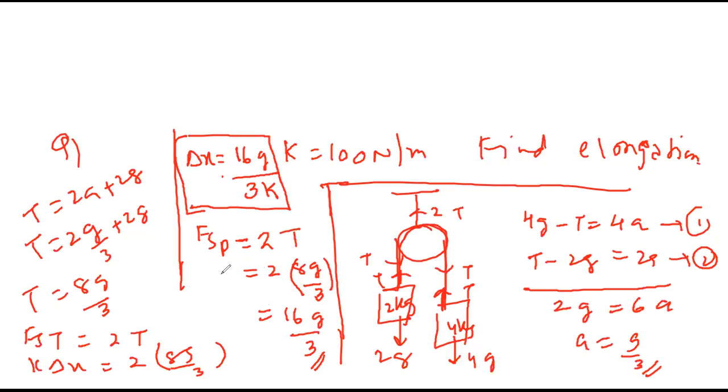Done, sir. So spring force acting is 2T, which is the same as 16G by 3, and elongation is 16G by 3K.